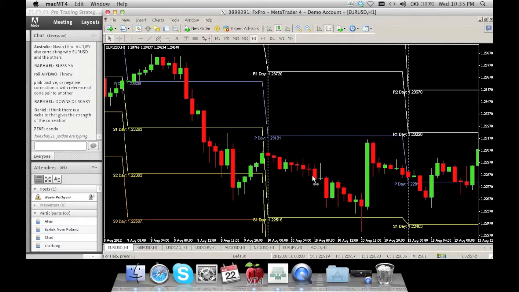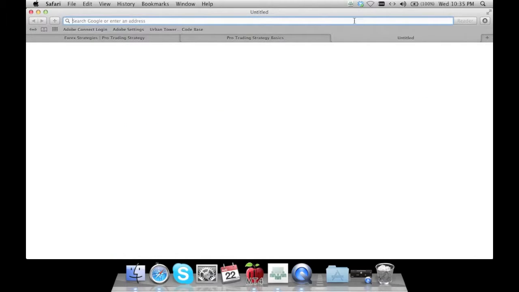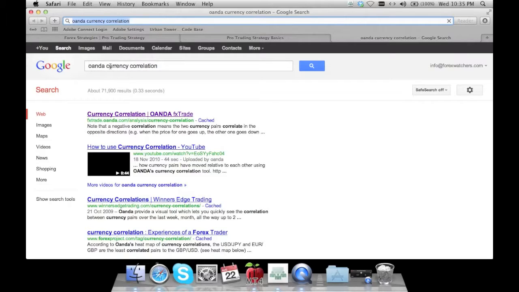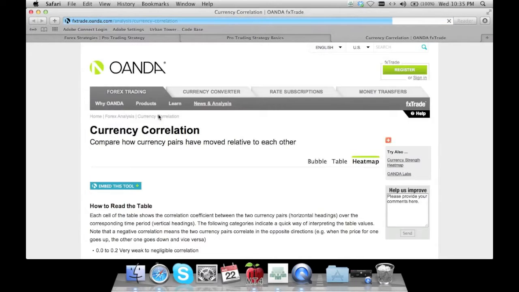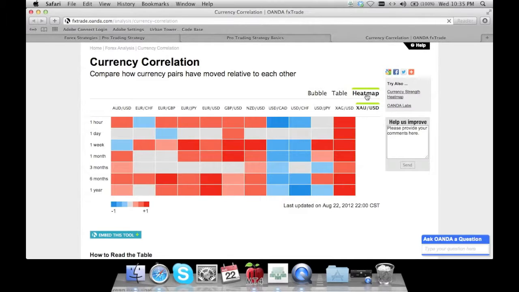So how do you check correlation? Let me explain it the easy way. There's a website from Oanda. I go to Google, I type Oanda currency correlation, and I click on the first link. I click on heat map, and I can select any currency I want.